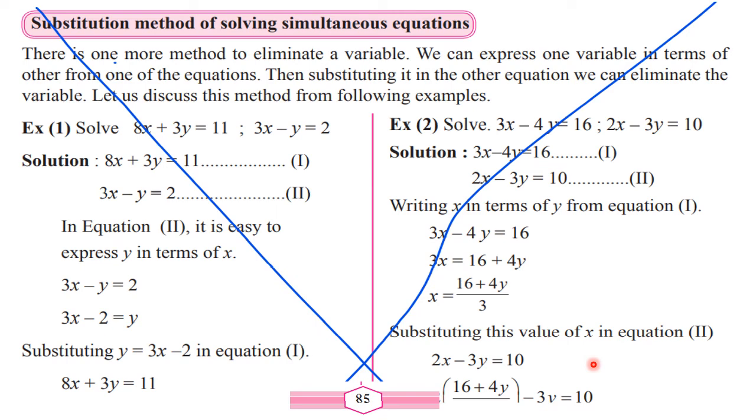But those of you who are curious about this method can solve it. On page number 85 you can see this method, and put a cross over it, since this particular method is not there for the examination. You can ignore it. Now let's go ahead.